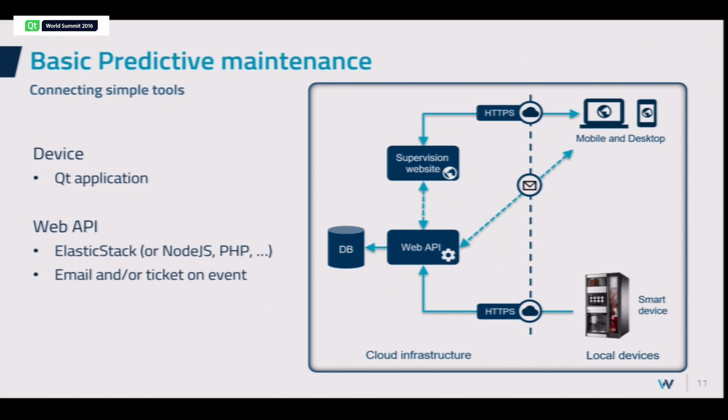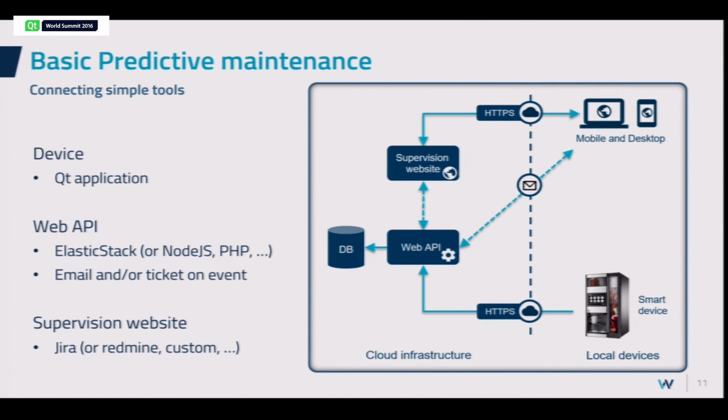You can make that, of course, in PHP, Node.js, Java, or whatever you want that you can put on the cloud. And we connect that web API either to a supervision website, a ticket system of your own or another one, or simply send an email to your customers or to your technicians.